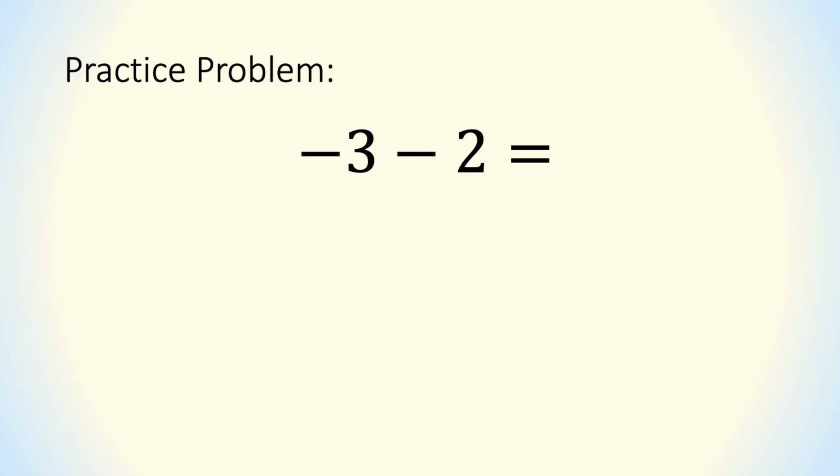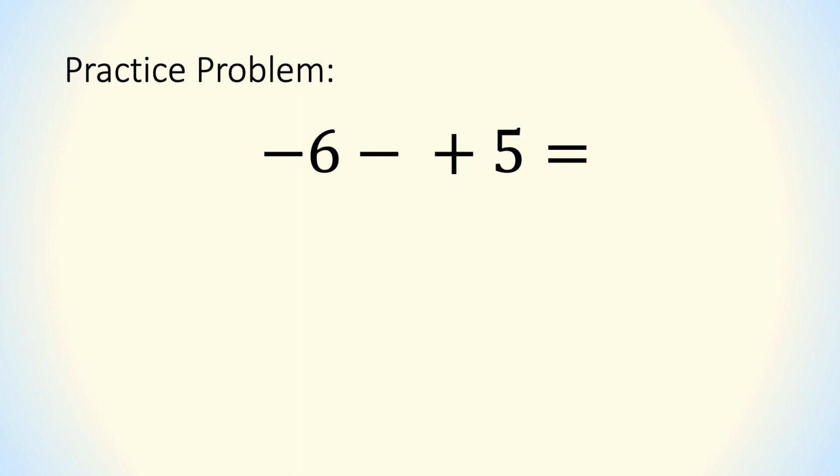Same signs, add and keep. Negative 3 minus 2 is negative 5. This has two signs in the middle next to each other, a negative positive, so this is technically negative 6 minus 5. This one, we can combine the two negatives and change this to negative 4 plus 8.